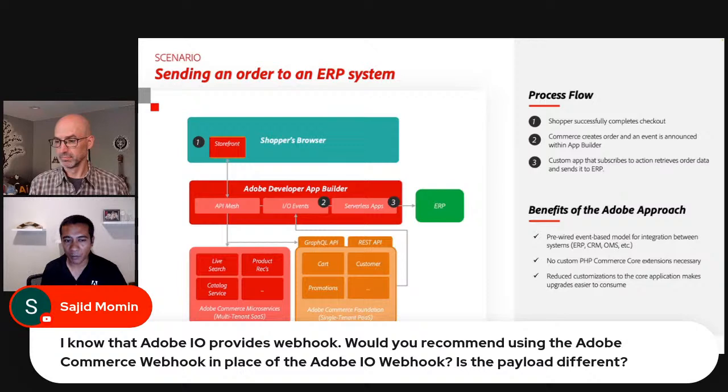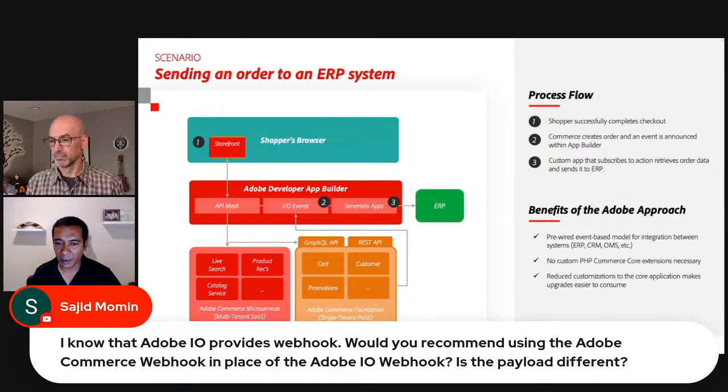When it goes to I/O events, there are two things that could happen. One is you could send it to an app that you build in App Builder, which will do something with that event. The second is you don't actually have to create any runtime action or app. You just call a webhook on a third-party system. You just say, here's the URL, and that event will be sent out to that webhook, and we're done. Those are I/O events webhooks, which have been there for a while now, at least since I've been using them.